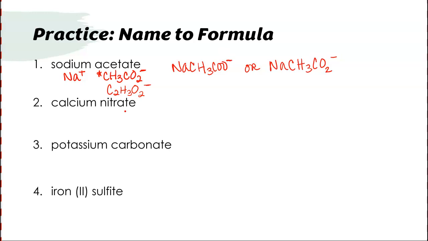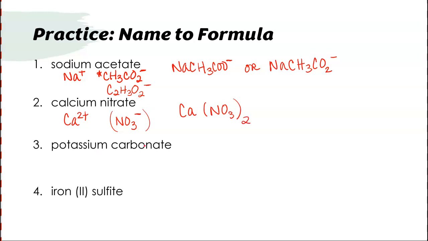Calcium nitrate. So nitrate, NO3 with a -1 charge, and then calcium has a 2 positive charge. So we would have to use our parentheses here to indicate that we need 2 of these. So calcium nitrate.